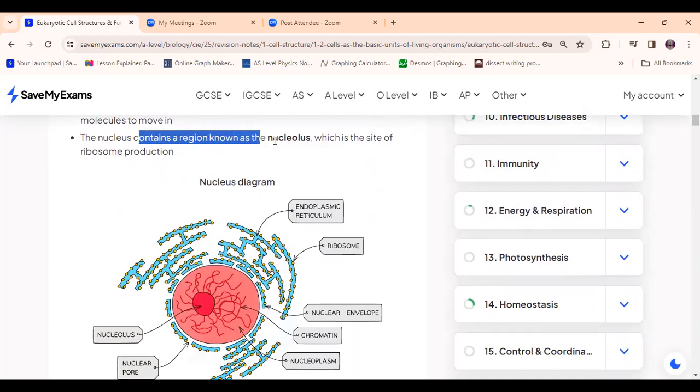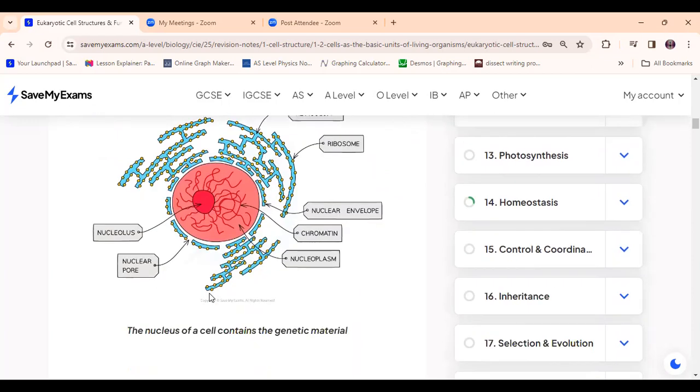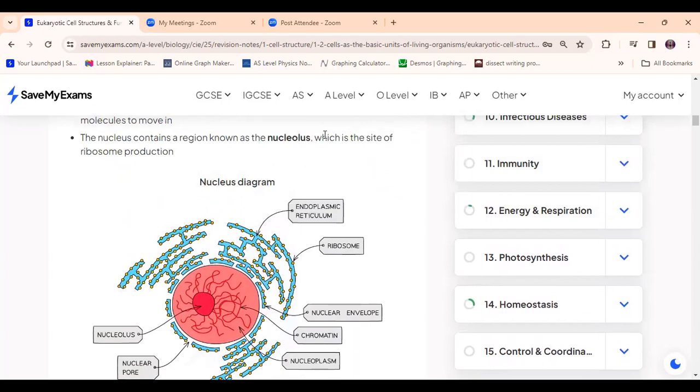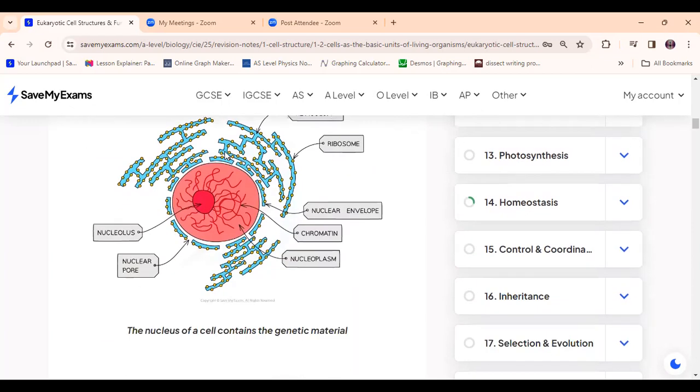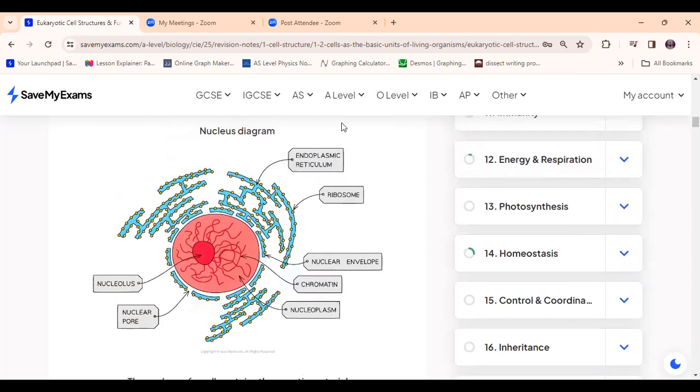The nucleus contains a region known as the nucleolus, which is a region where the chromatin is a bit more dense. Here you can see it. It is the site of ribosome production. Now, a few important things to pay attention to.